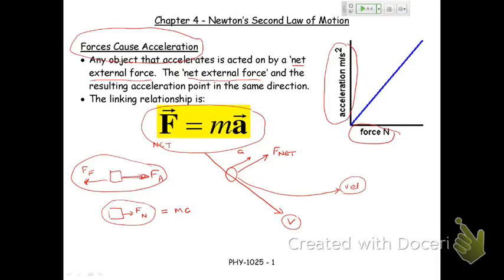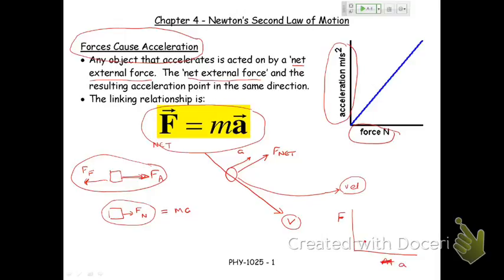Then what I find is that, let's say, it looks the same, but it's slightly easier. If I say, here's F and here's m, and it's a straight line. Here's A. Here's the force and here's the acceleration.